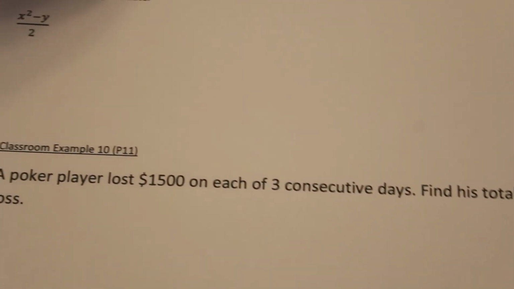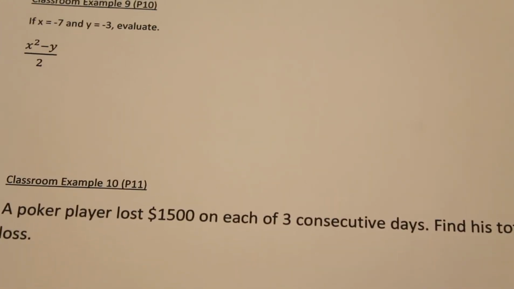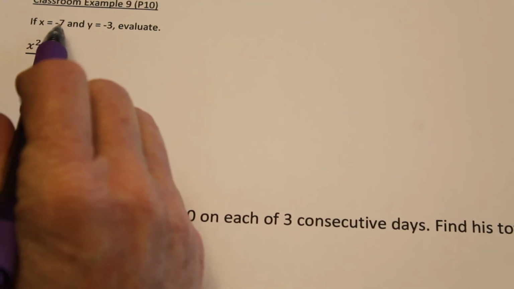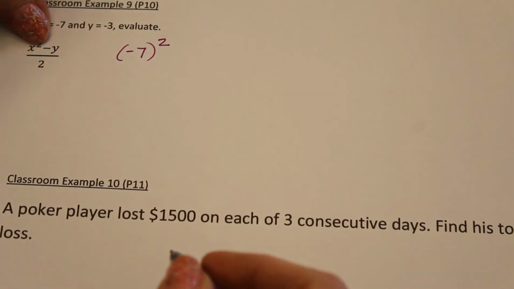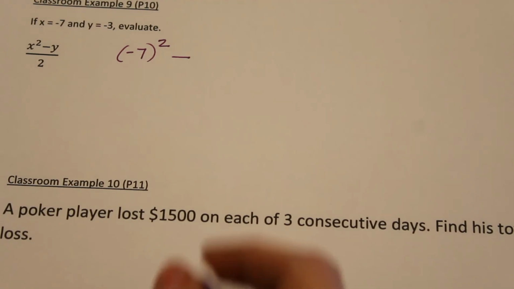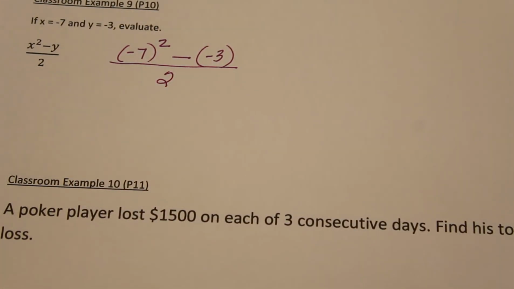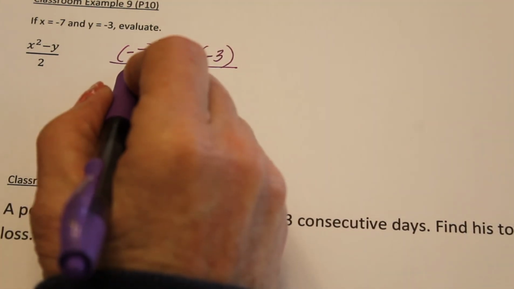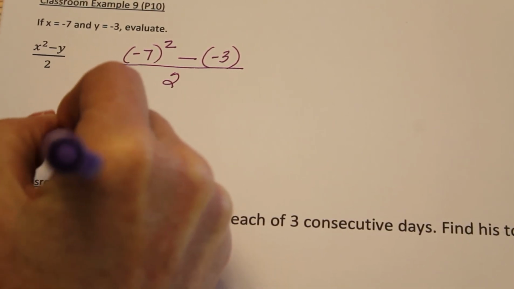How about evaluating expressions? So for classroom example 9, everywhere we see an X, we're going to replace with a -7. -7 squared. Copy the minus. Everywhere we see a Y, we're going to put a -3. And that whole expression is over a 2. All right, so we're going to do our exponents first. -7 times -7. Negative times a negative is positive.